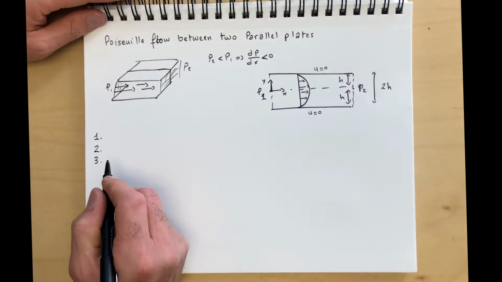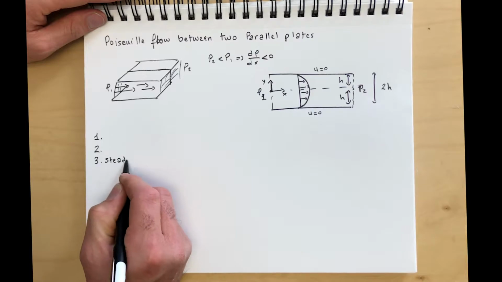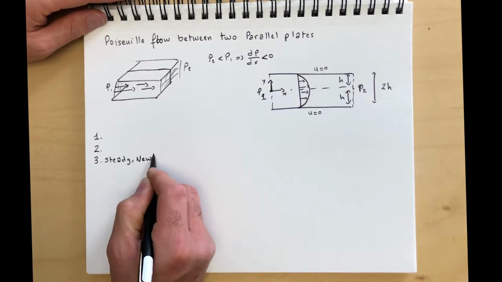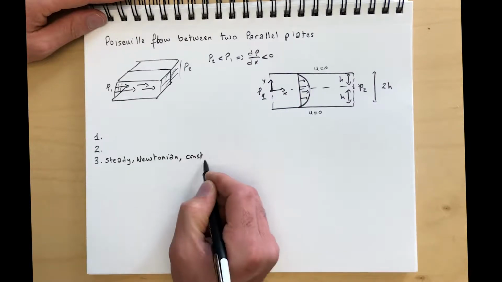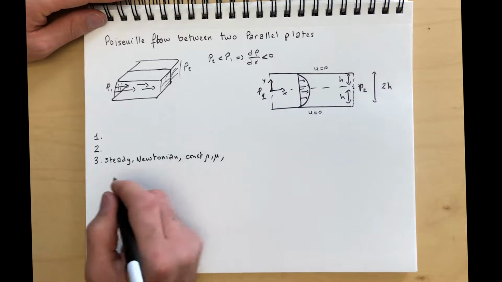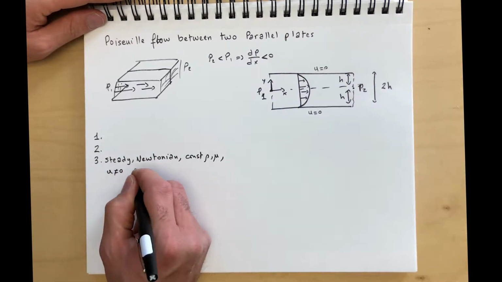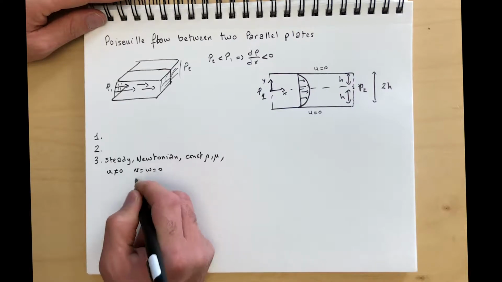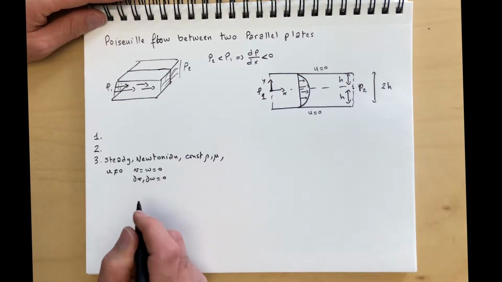And in terms of assumptions, we're going to assume that the flow is steady, Newtonian, constant properties, constant rho and viscosity, and U is not zero, V equals W equals 0, therefore dV and dW are equal to 0.